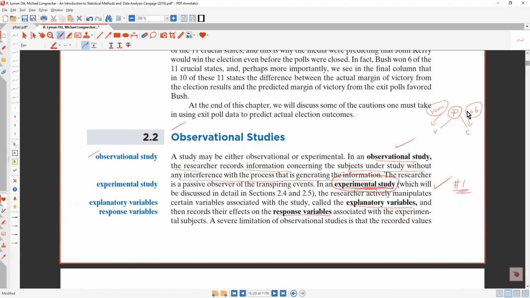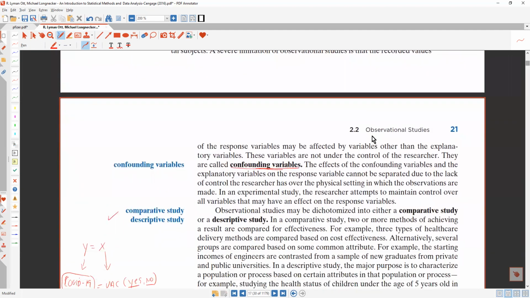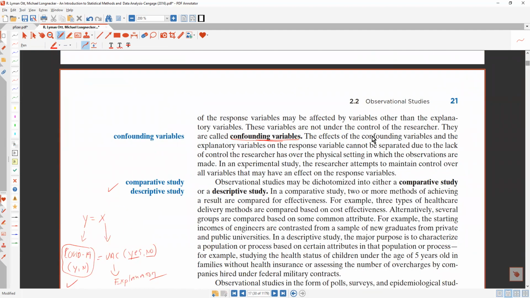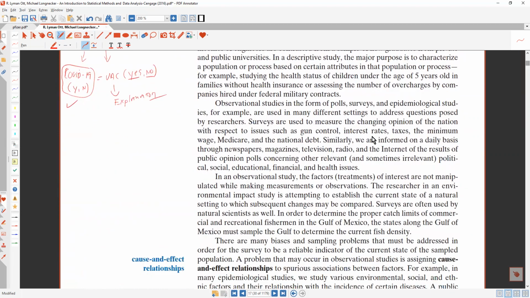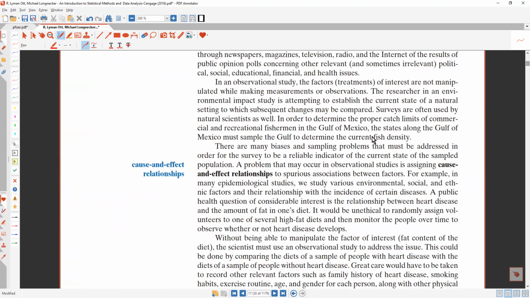So if you do the experiment, you can account for confounding variables like that. If you do not do the experiment and you simply observe who has COVID-19 and who doesn't, then that confounding variable never gets controlled for. So again, that's one advantage to using experimental studies.